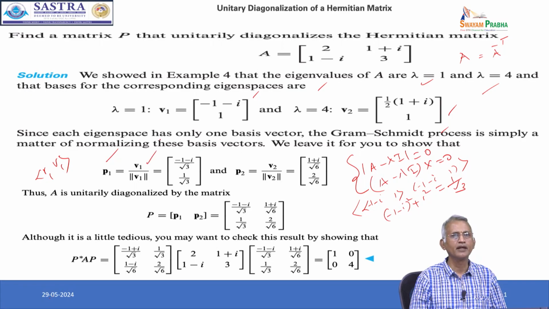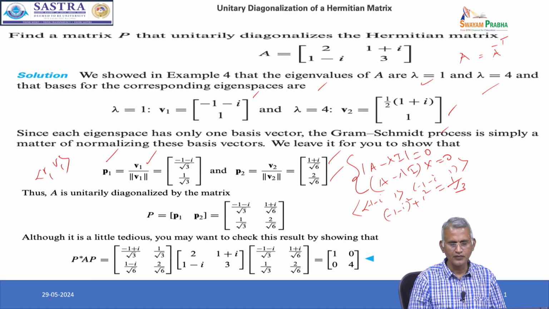So, it becomes [minus 1 minus i by root 3, 1 by root 3], and P2 equal to V2 by norm V2, that is [1 plus i by root 6, 2 by root 6]. Simply you have to apply the norm of the vector, and V2 is the vector 1 by 2 into [1 plus i, 1], therefore the corresponding root we can generate.